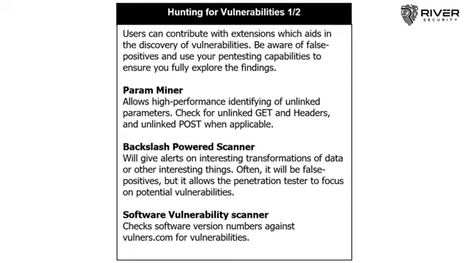It allows us to find all these potentially very interesting things that a vulnerability scanner would have a hard time uncovering, but you as a pen tester might be able to conclude if these transformations, if these interesting data inputs, are actually something that you can exploit for something good.